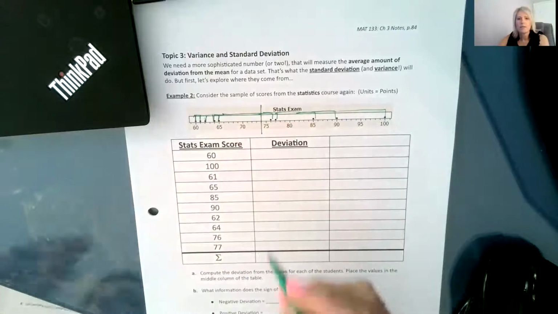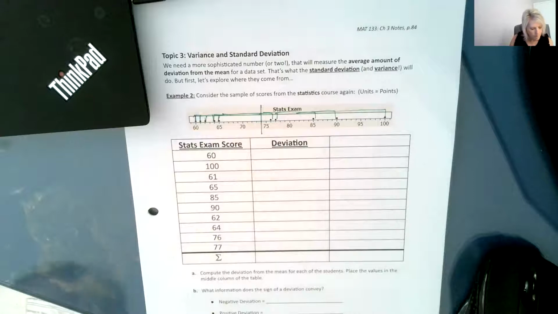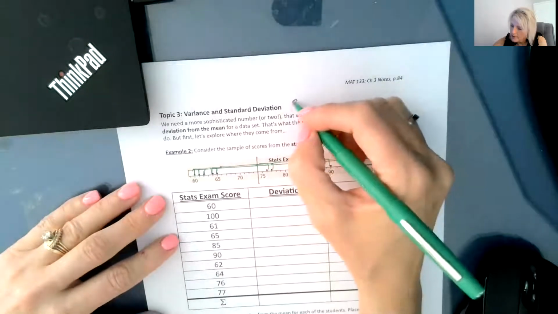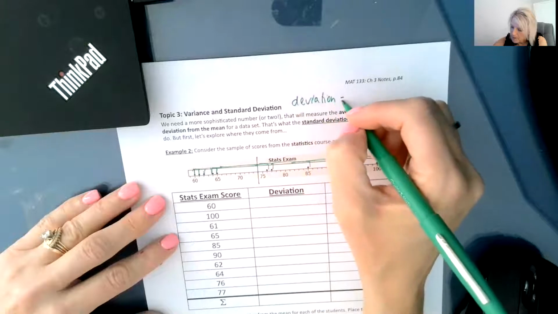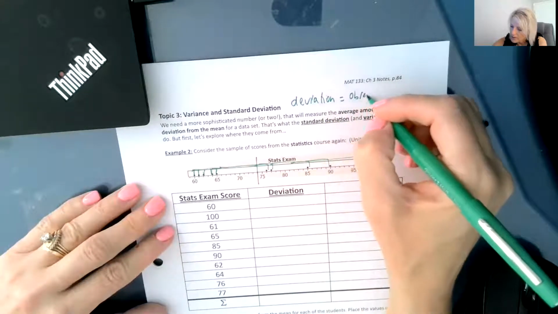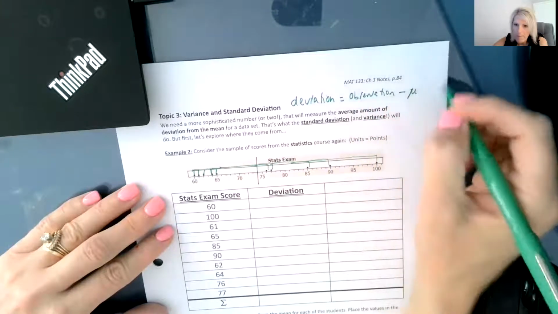Okay, well, deviation is going to be calculated by the measure of taking, so let's write this down. Deviation is equal to the observation subtracting the mean.